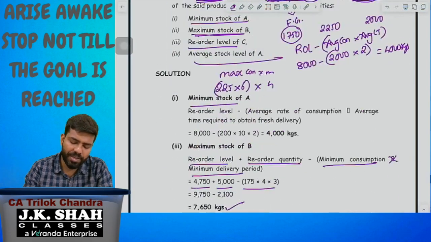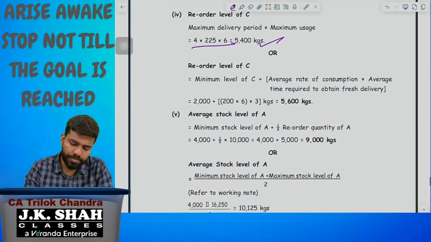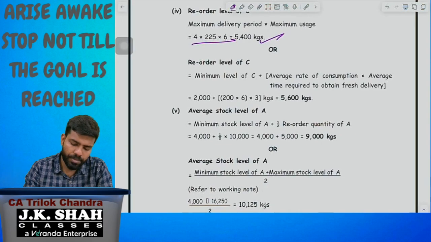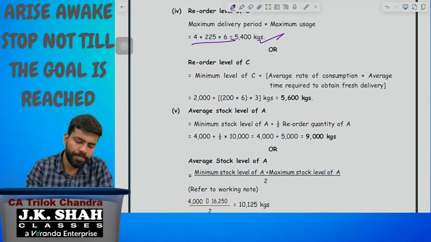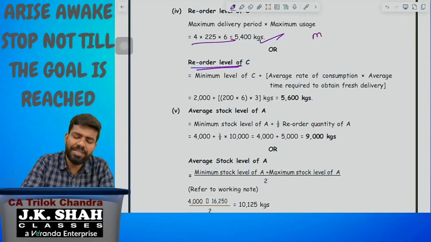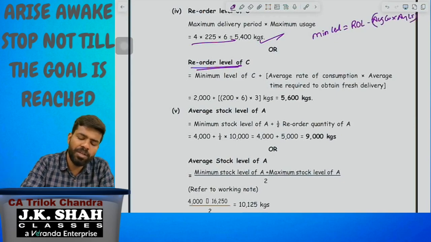Next, average stock level of A. Reorder level of C, they calculated using one more formula. Very simple. Minimum level equal to ROL minus average consumption into average lead time. Now what they are doing? They are taking reorder level on LHS.